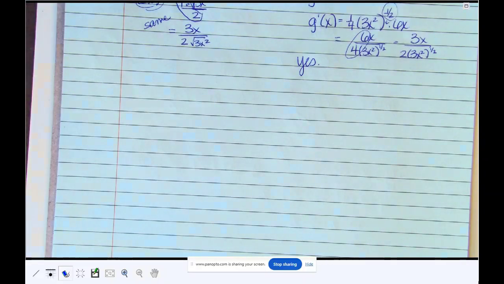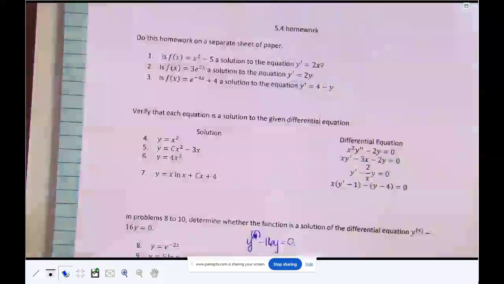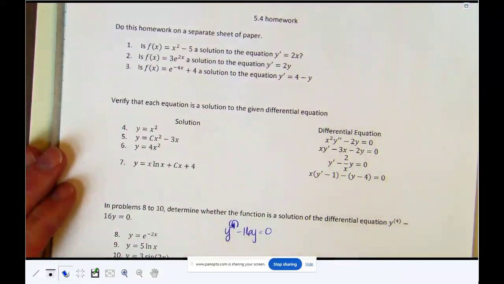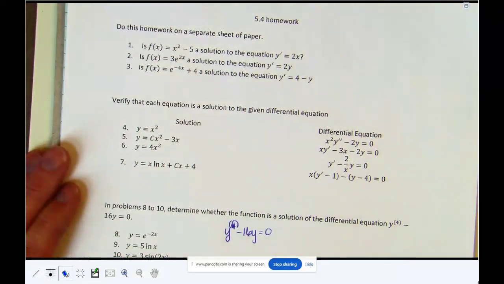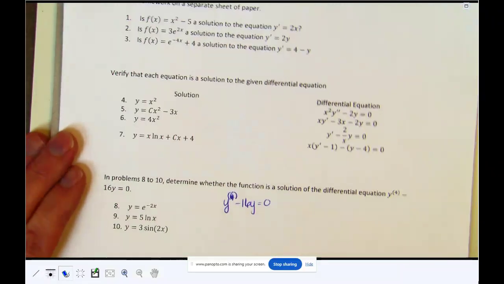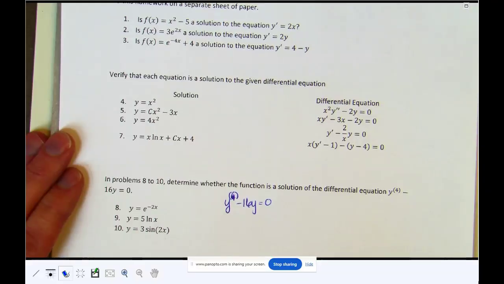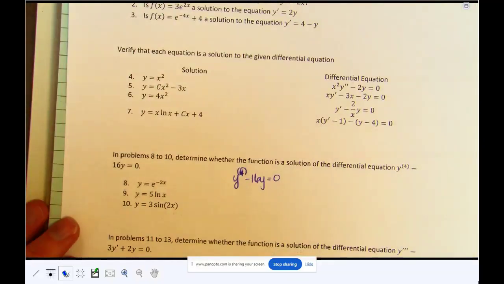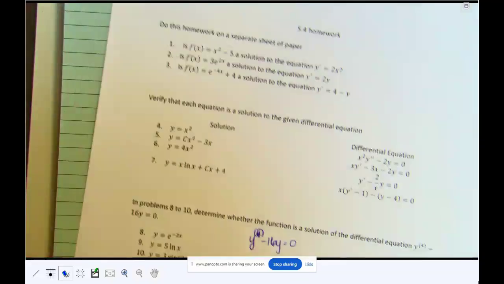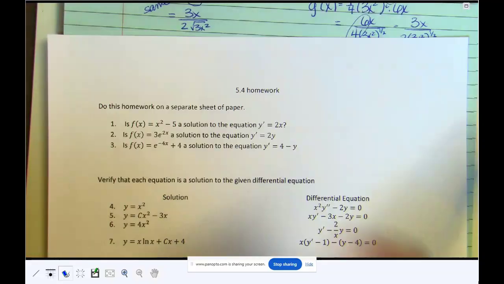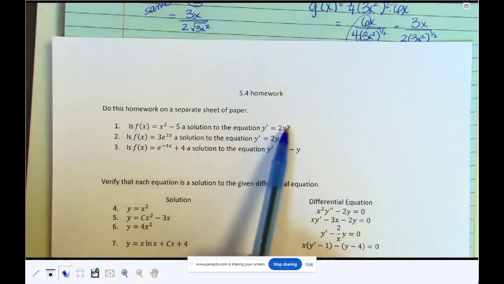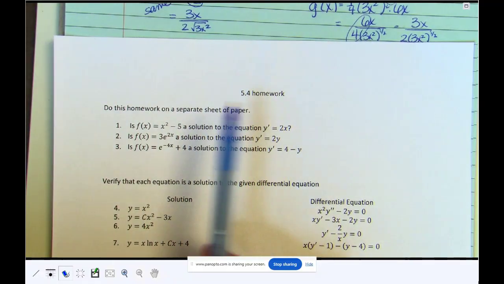Now, on your homework. Okay. So, let's see. David has his. Joe, yours is here. Or I can maybe post it to Facebook, whatever. That is not Facebook, Google Classroom. Okay. So same thing. It's just reversed here. So here's the differential equation. Here's your f of x.